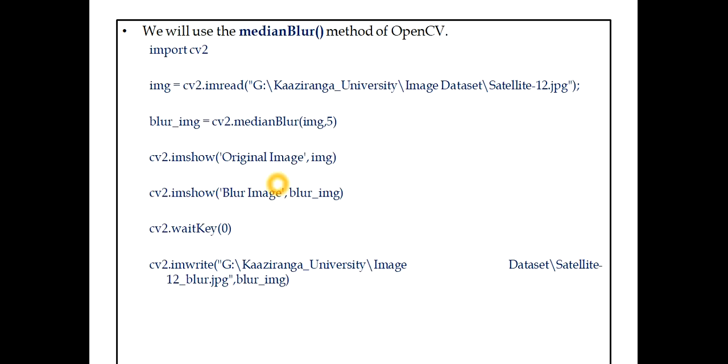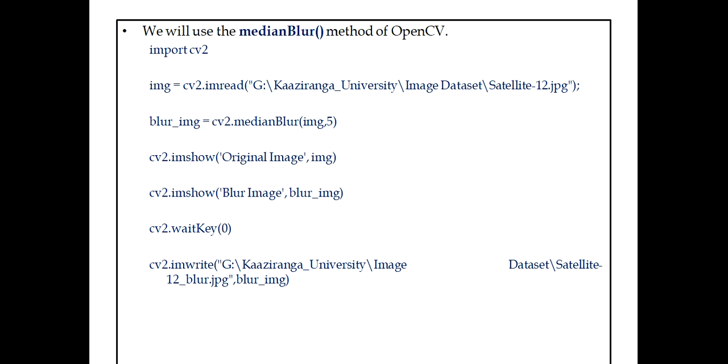Now, to implement this median blurring in OpenCV, we are going to use the medianBlur function, median B capital L U R method. So the code will be import cv2. You guys know why I am doing that, to deal with OpenCV.